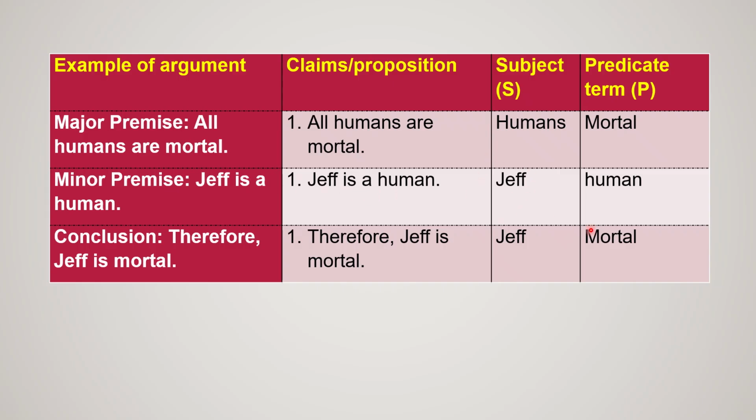Jeff is the subject and the predicate is human. In the conclusion, the subject is Jeff and the predicate term is mortal. So all the claims or propositions or premises that you are going to form are supposed to have a subject and a predicate term.